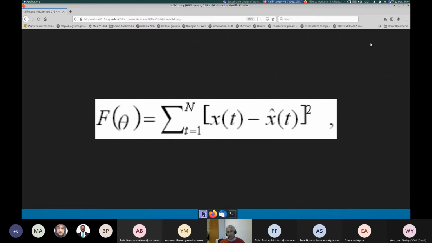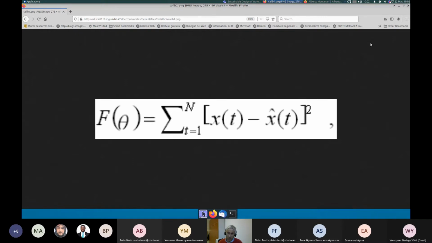So let's suppose that you use the model to simulate capital N observations. Okay, so you have capital N observations, like, I don't know, 10, 100, 1,000, 1 million, no problem. Then you get, for each of these observations, a corresponding value simulated by the model.